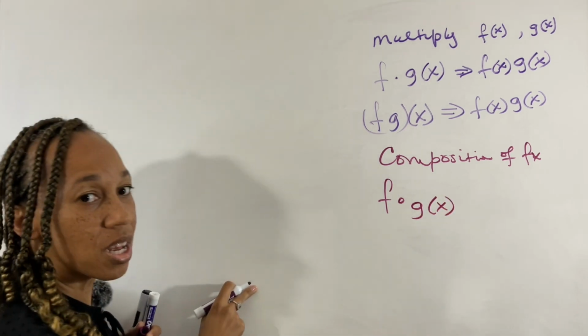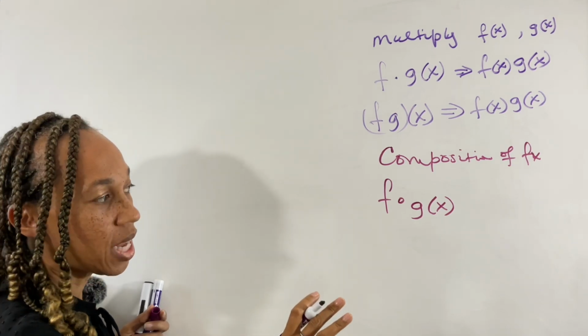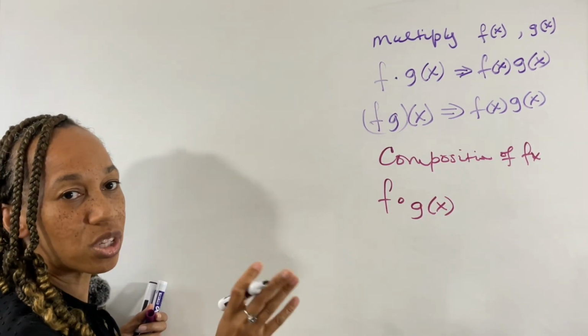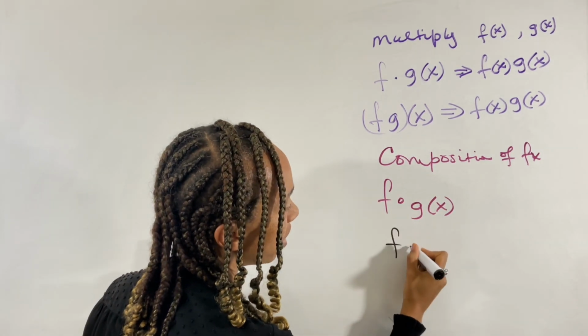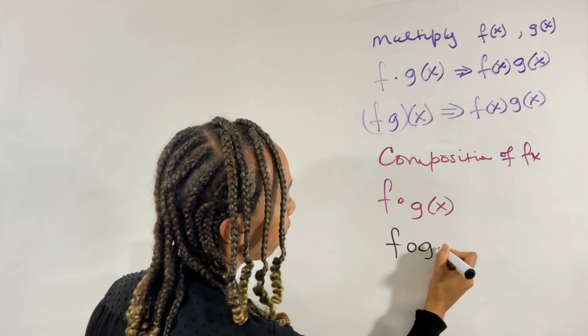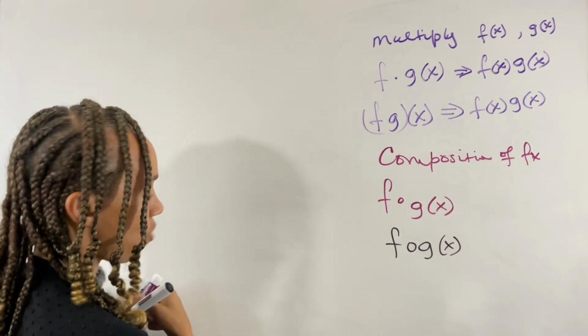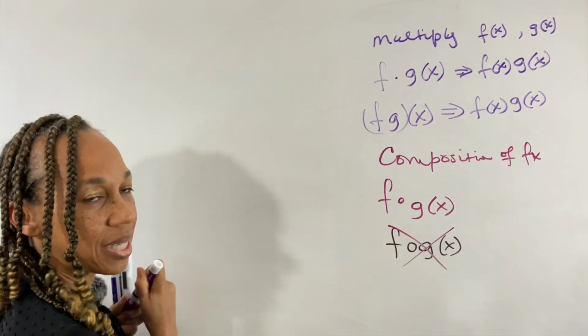That is the difference, so do not mix these up, because when you mix these up, it's going to tell you something different. Composition f of g of x is not to be written as f g, like fg of x. No, this is not the way that you write it. Please don't make that mistake.